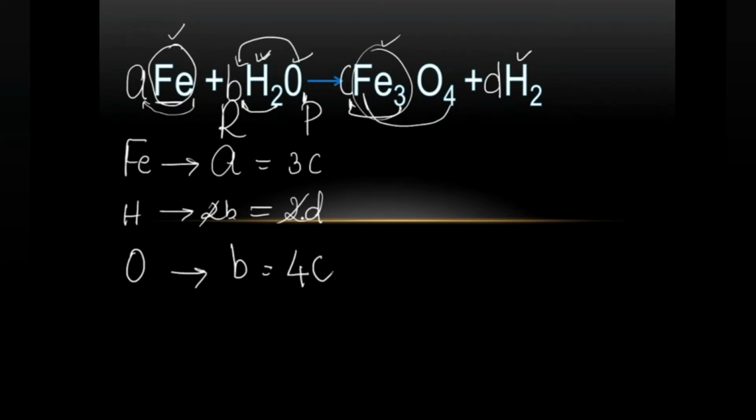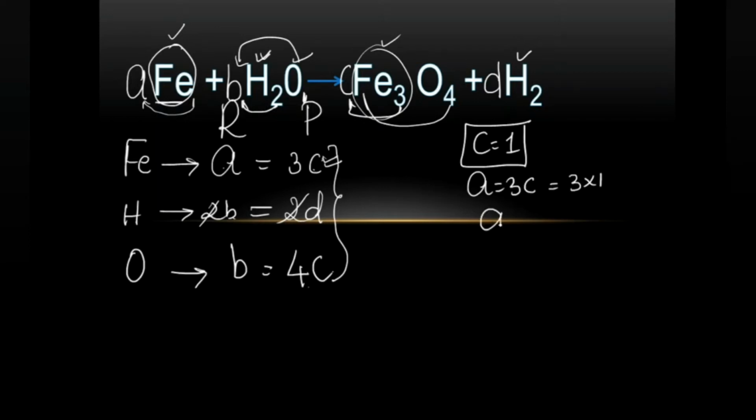Now give a check children. In this way if you write, you see either in LHS or RHS which has occurred 2 times. It is C and C, which connects 2 equations. So let us take C is equal to 1. So when we take C equal to 1, A equal to 3C, that means 3 into 1. So A will be equal to 3.